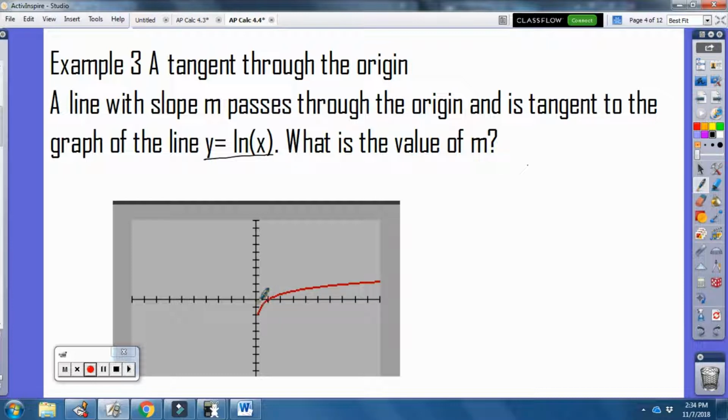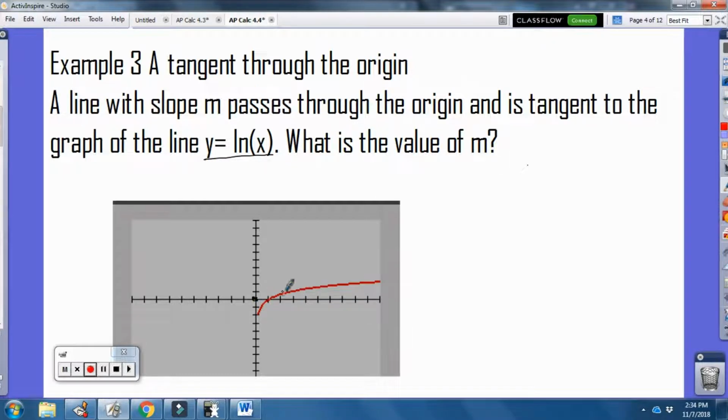The reason why this problem is so tricky is because I don't know what the x value is. I don't know what the y value is. I don't even know what the slope is. I do know that there's a point where it's tangent, though. And whatever that point is, I don't know, I'm just going to say that there's some value, a.